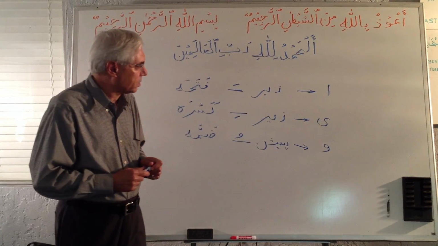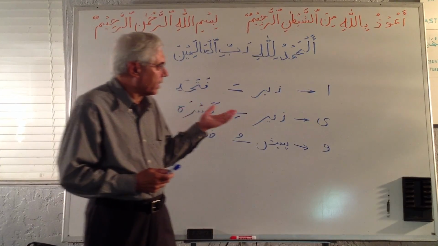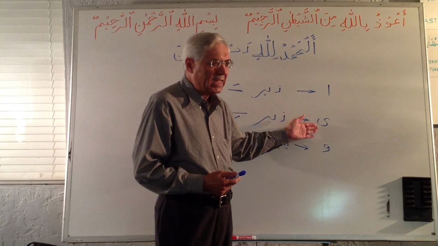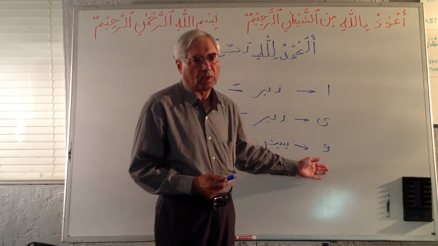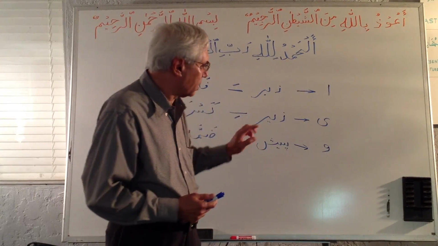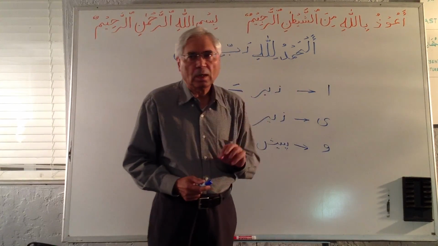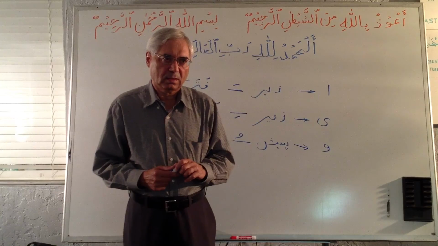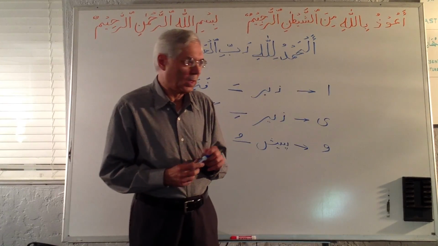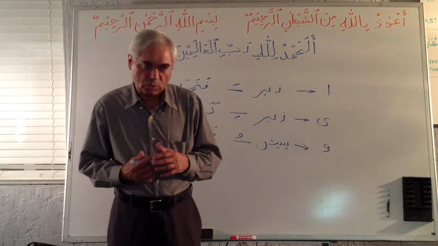These three letters in English are like A, E, and O. Okay. In Arabic, these three letters are called weak letters. They have some weaknesses in them. And we will see how that weakness shows up.